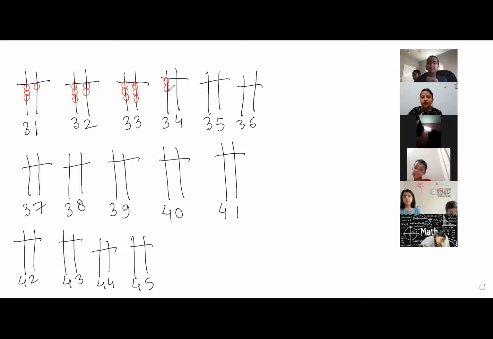Then 3, 4, 34. Then 3, 5, 35. Then 3, 6, 36. Then 3, 7, 37. Then 3, 8, 38. Then 3, 9, 39.